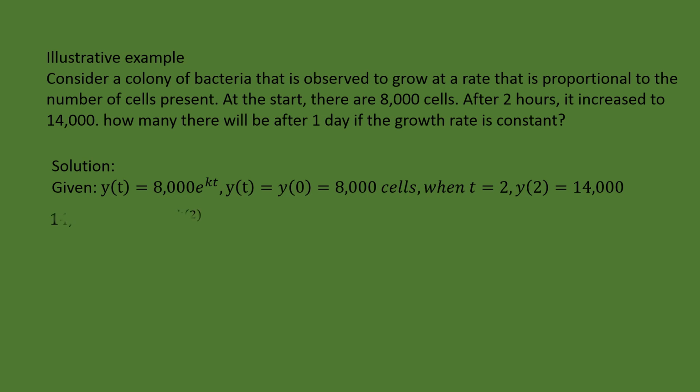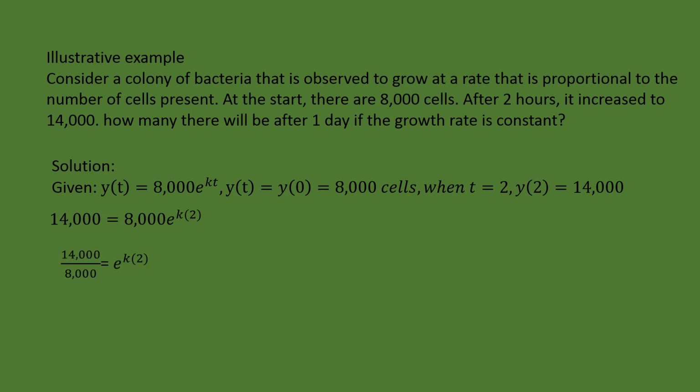Then, next to that, we have 14,000 is equal to 8,000 times e raised to the power of k times 2. This time we have to get the value of k. After that, we can divide both sides by 8,000.